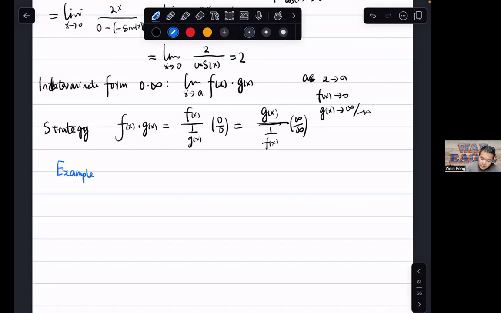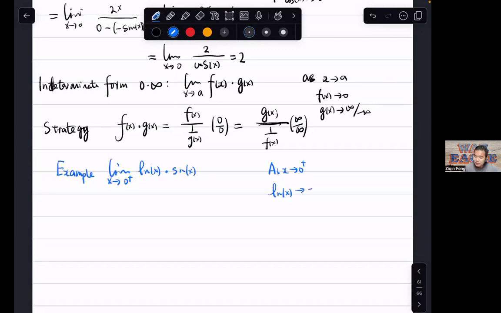We are looking for the limit as x goes to 0 from the right side of natural log of x times sine of x. As x goes to 0 from the right side, natural log of x goes to negative infinity, because x equals 0 is the vertical asymptote of y equals natural log of x.